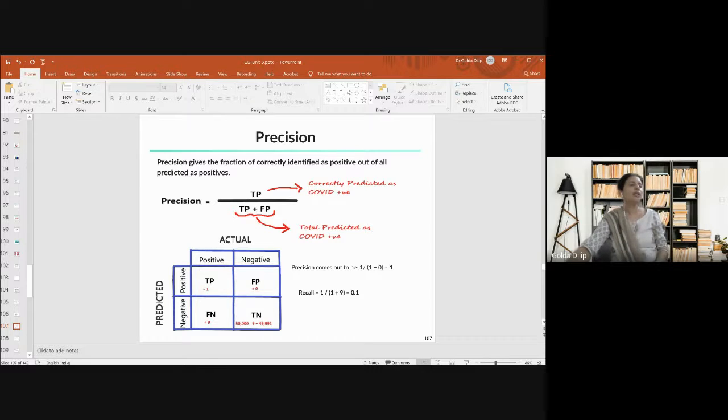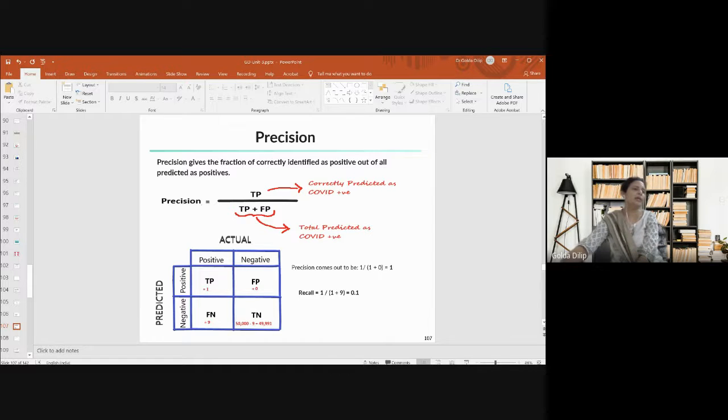Now let's consider the second bad strategy: labeling every passenger as positive. In that case, what would be the precision? Precision is TP by TP plus FP. TP is correctly predicted as COVID positive, and TP plus FP is the total predicted as COVID positive.